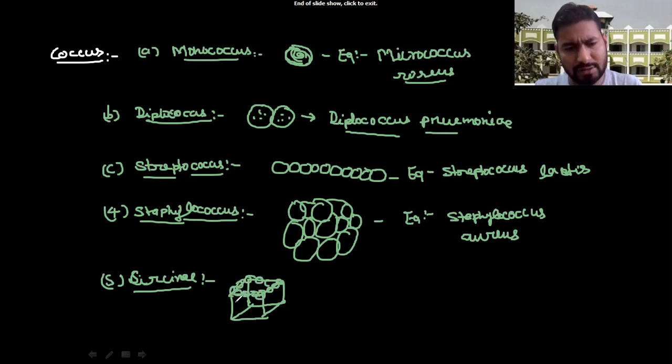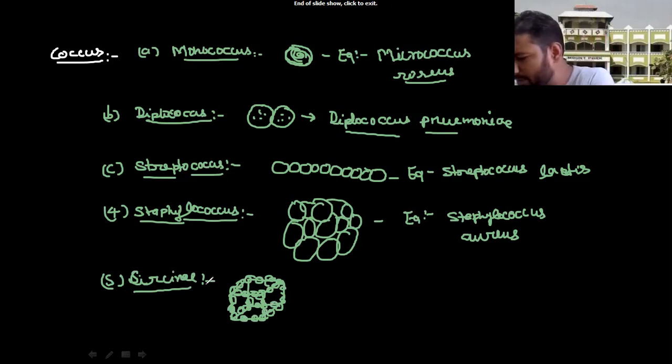So this is called Sarcina. They look like a cube structure. This is called Sarcina, and it is very important.